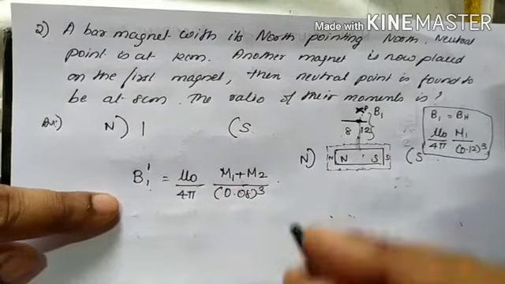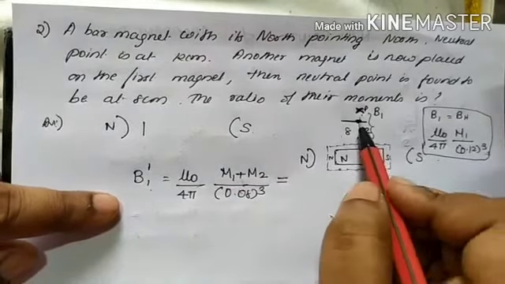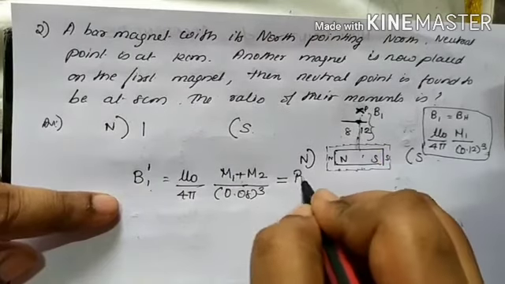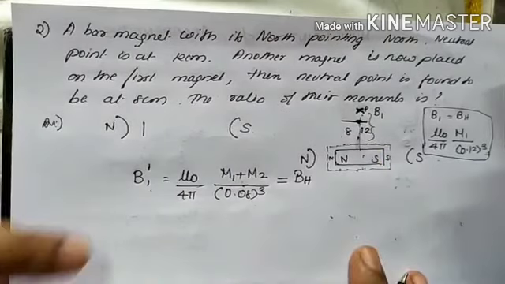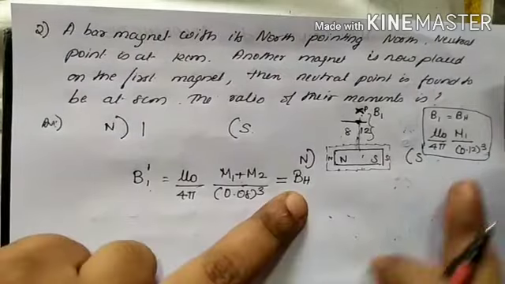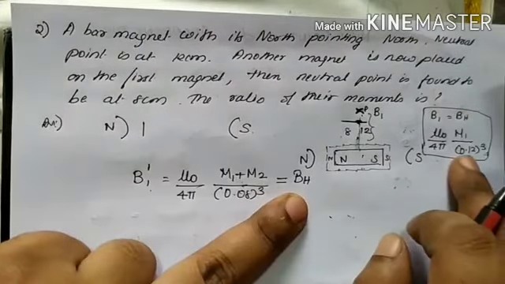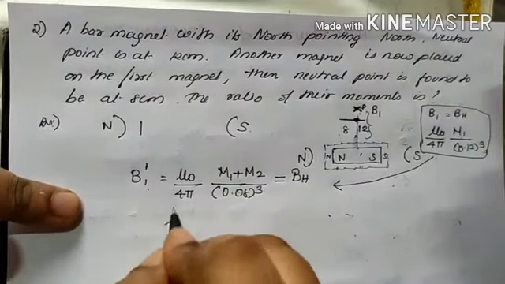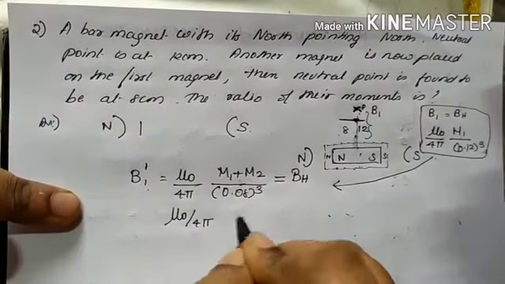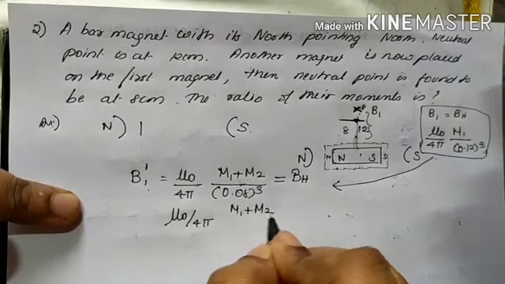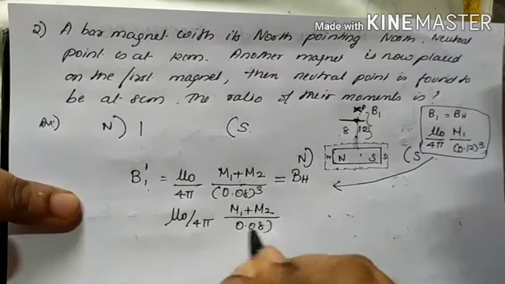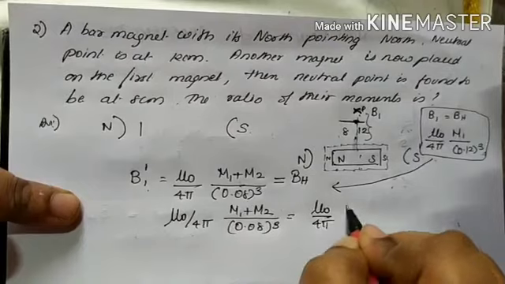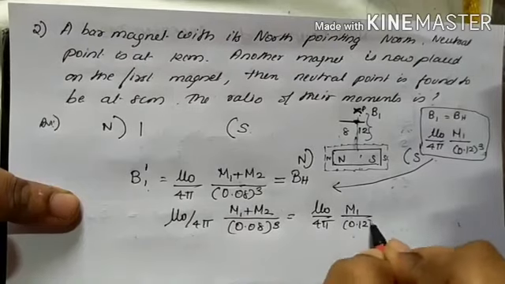Now let's see how we are going to do this. We have two equations. What can I do now? At this point, which is also a null point, the field is equal to the Earth's magnetic field's horizontal component. I have already written the H value here, so I'm going to substitute it, so that now it becomes mu 0 by 4 pi, (m1 plus m2) divided by 0.08 whole cube, is equal to mu 0 by 4 pi, m1 divided by 0.12 whole cube.